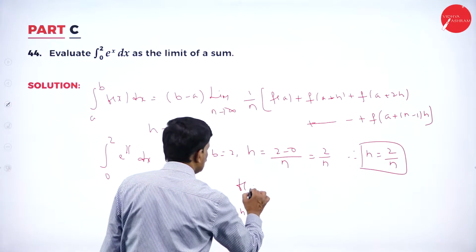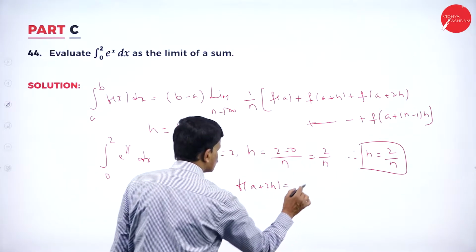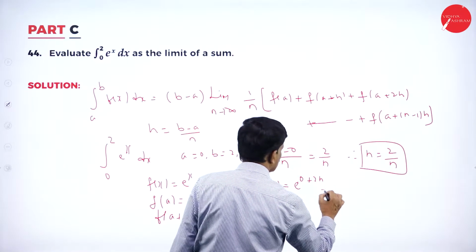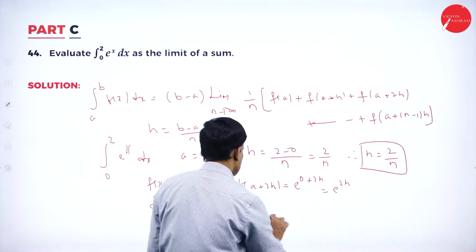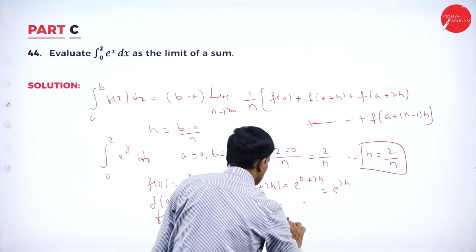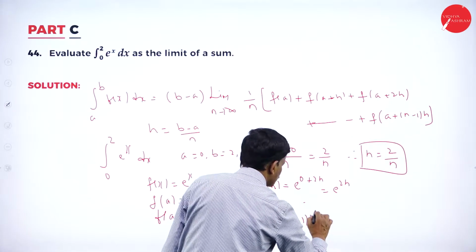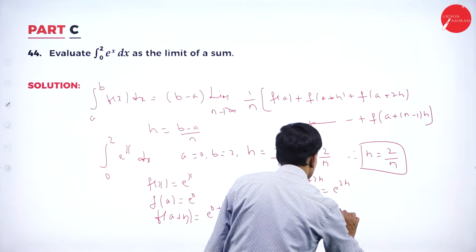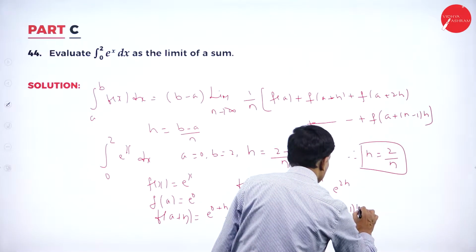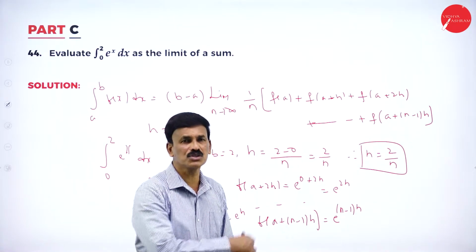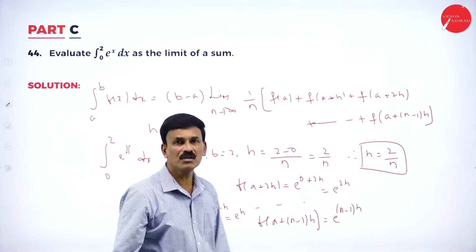Similarly, f of a plus 2h can be written as e to the power of 0 plus 2h, and so on. The last term, a plus n minus 1 into h, can be written as e to the power of 0 plus n minus 1 into h. Like this we are going to get the terms. Substitute this in the standard equation and evaluate, and you will get the answer.